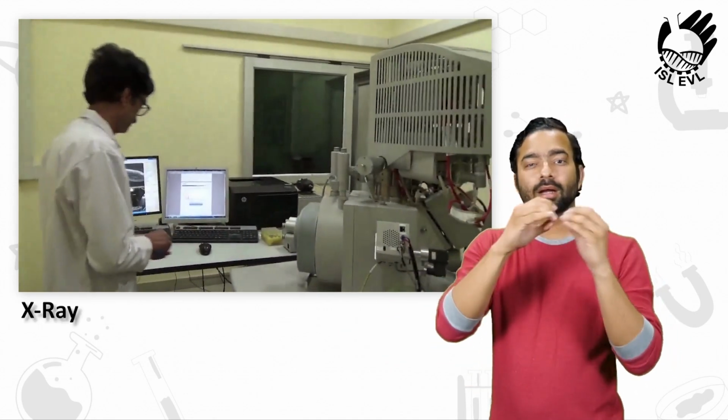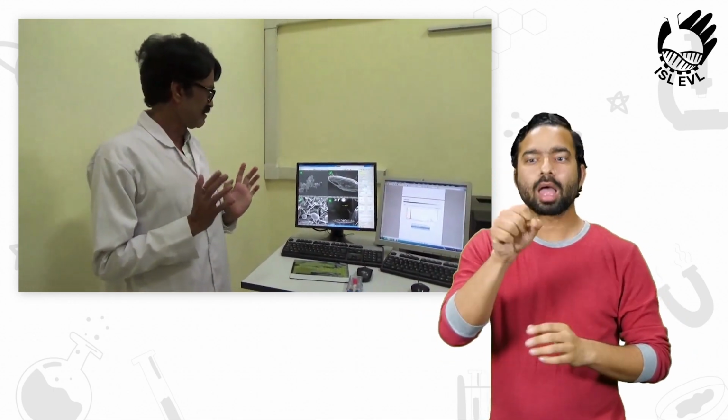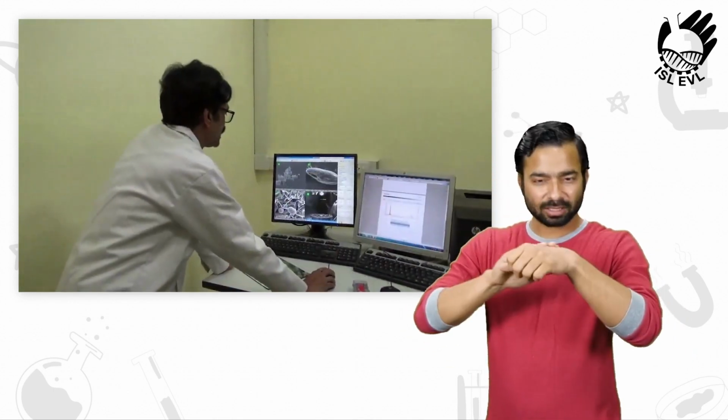Then we place it here in the specimen chamber, where whenever the electron hits the specimen, there is an emission of various signals. Secondary electrons, backscattered electrons, and X-ray signals are also emitted. But for secondary electron emission, we record the images which are analyzed in the machine.